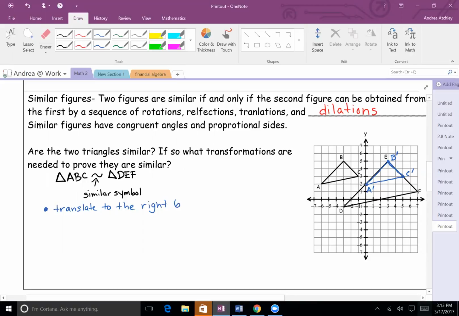Now we can just dilate it by 2. So I just take the distance here and measure it.